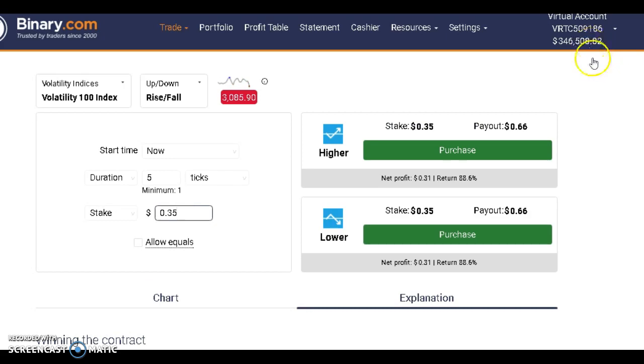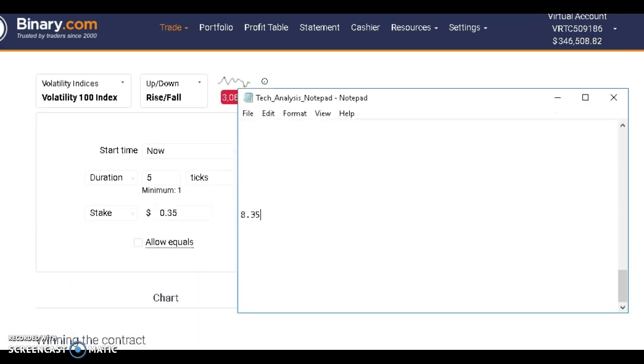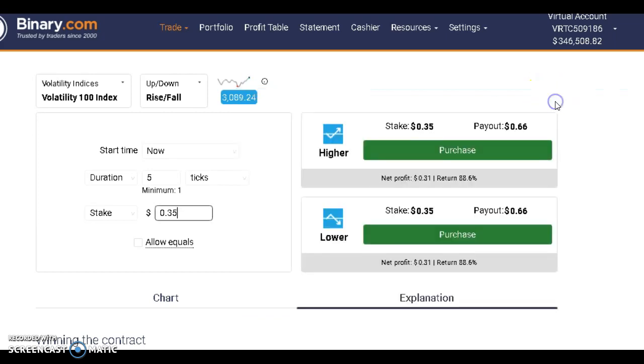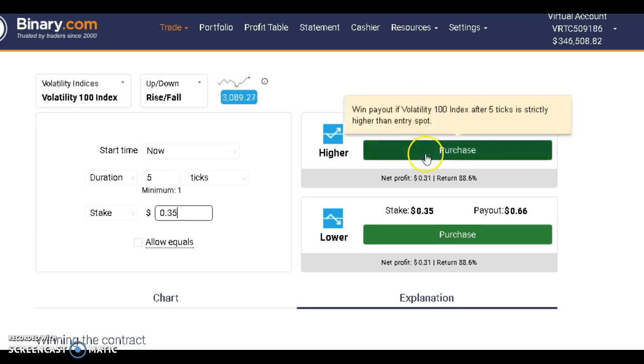Let's say 8 points, 8.32. Let's say 8.82 now. Just want to take note of our balance.